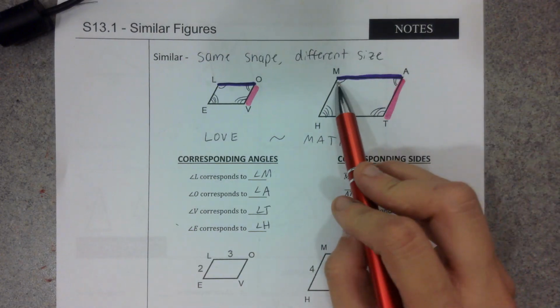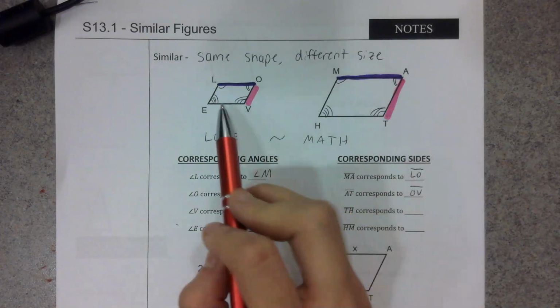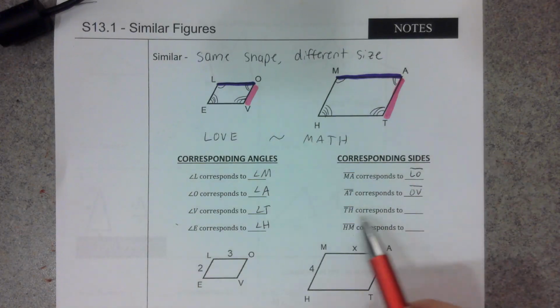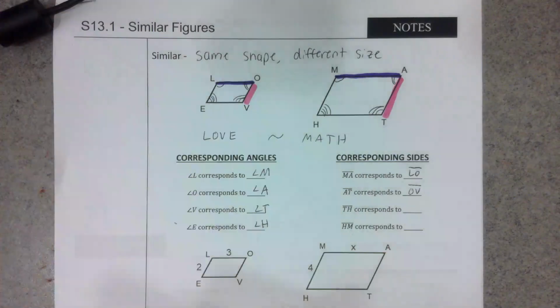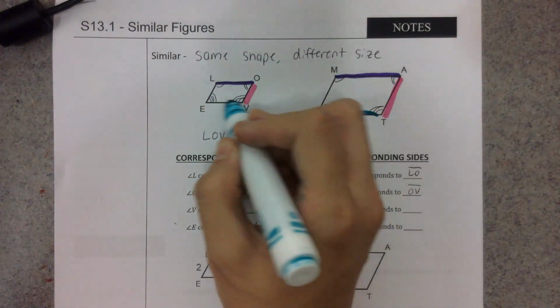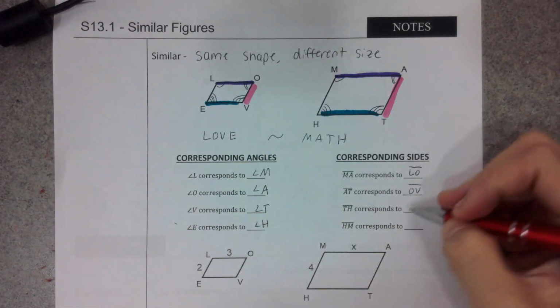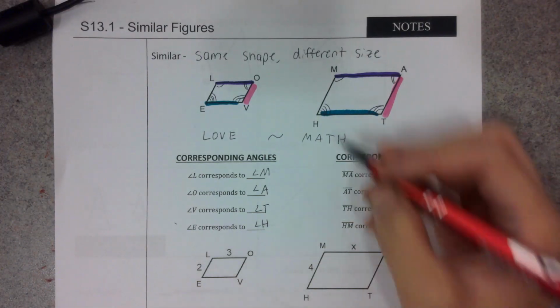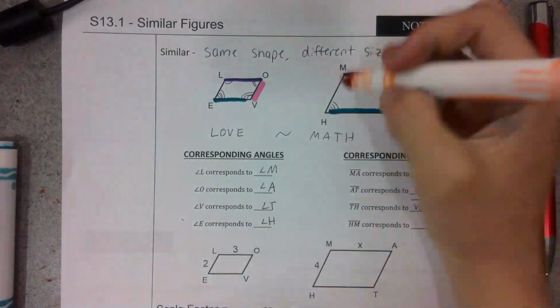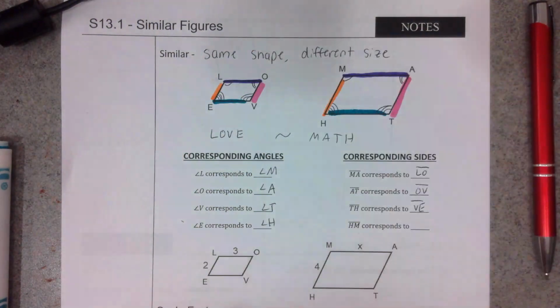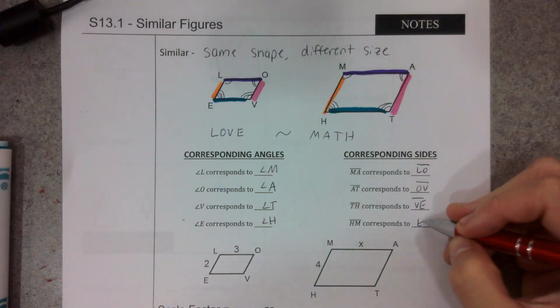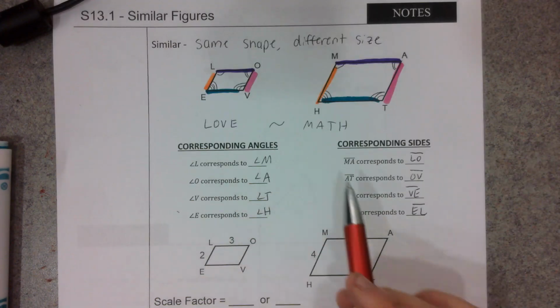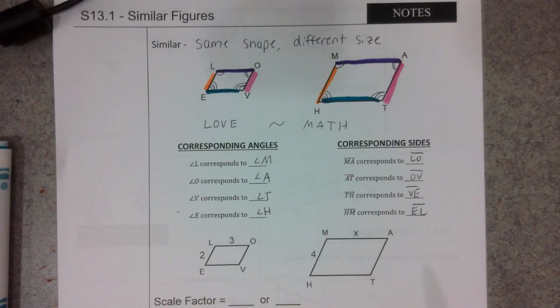So see how we did M to A? Make sure we do L to O. TH and VE. And then finally HM and EL. So that's how we do corresponding angles and corresponding sides.